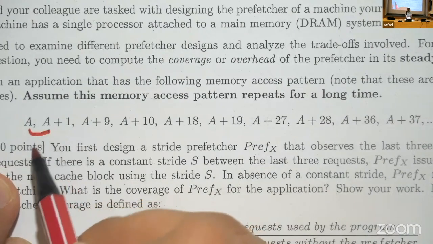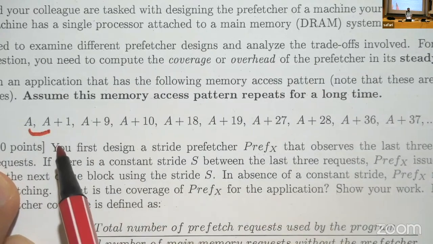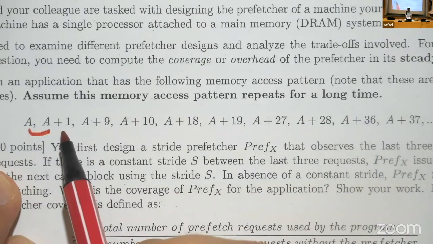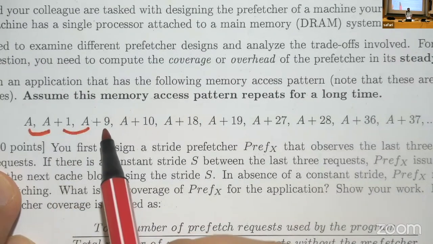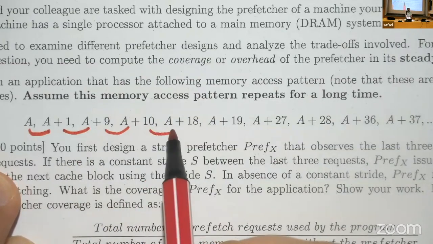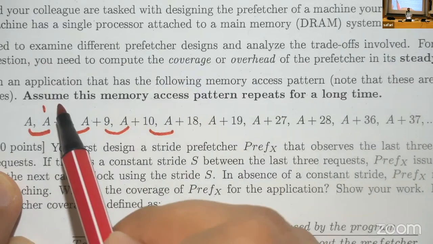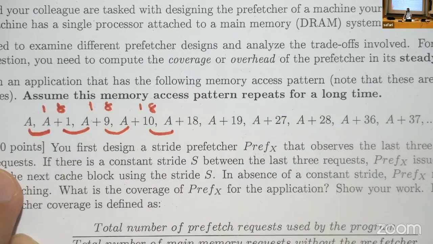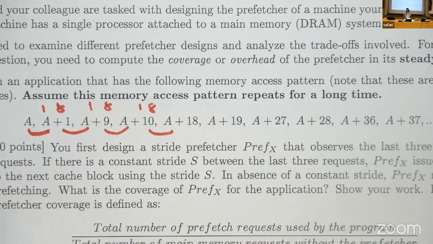And then you immediately after that access the very next cache line, A plus 1. And then you jump by 8 cache lines and access A plus 9. And then you do again a stride of 1 and a stride of 8. So it goes like 1, 8, 1, 8, 1, 8. So we already know this access pattern.